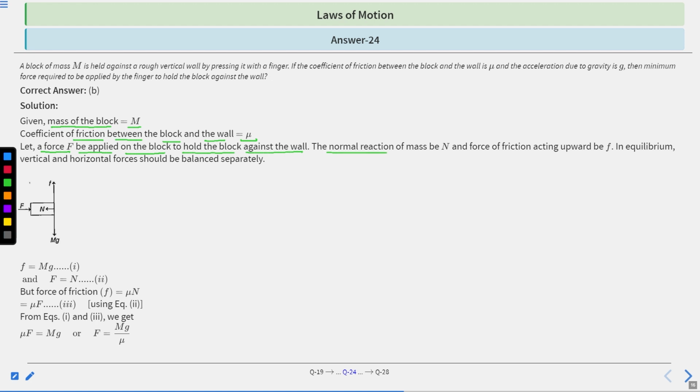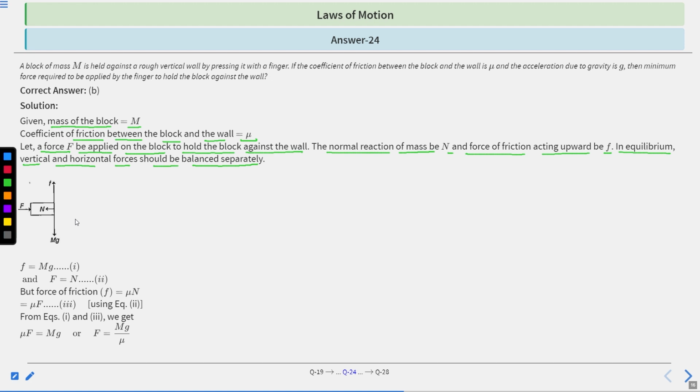The normal reaction be N and the force of friction acting upward be f. In equilibrium, vertical and horizontal forces should be balanced separately. This is the important point.